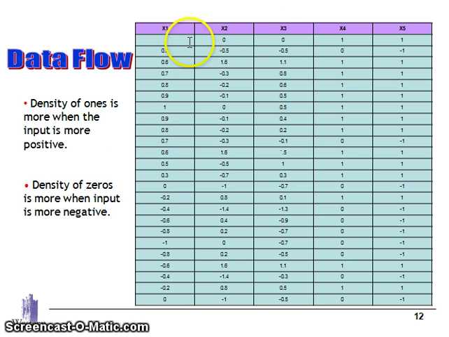Here, consider that x2 is initially 0, x3 is initially 0, x4 is 1 and x5 is 1. Now, if input x1 is 0.5, what happens to x2? x2 is x1 minus x5, so it becomes minus 0.5. And x3, which is x3 of n minus 1 plus x2, will become minus 0.5.